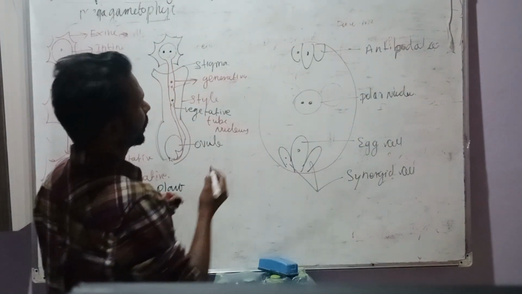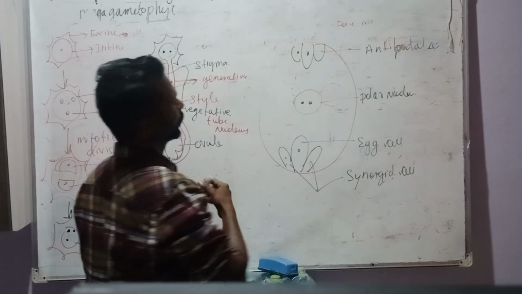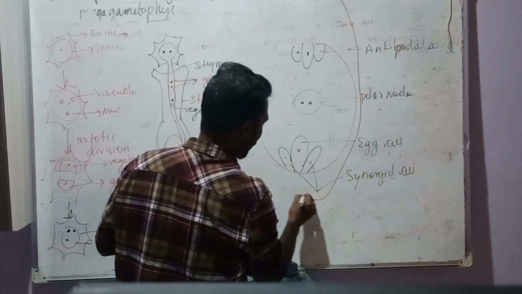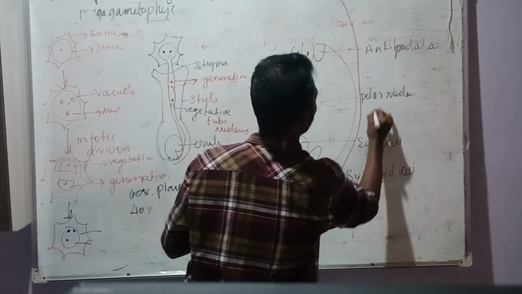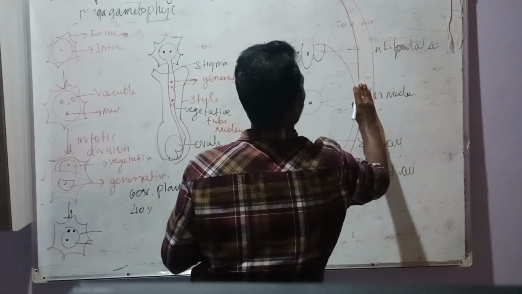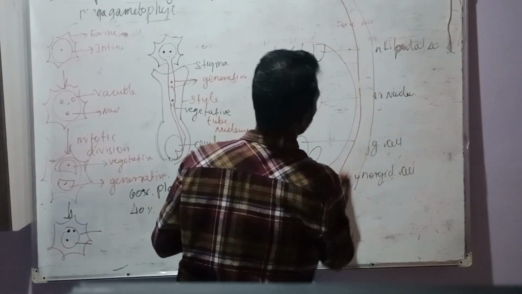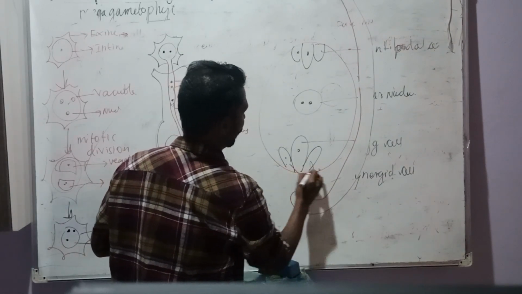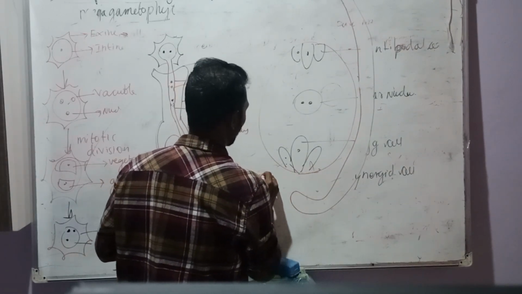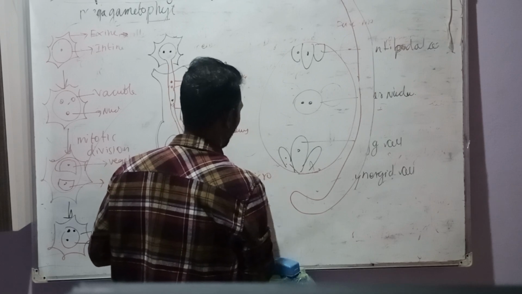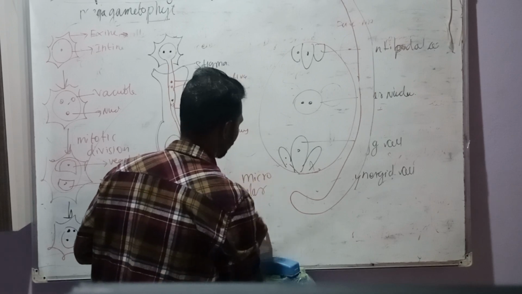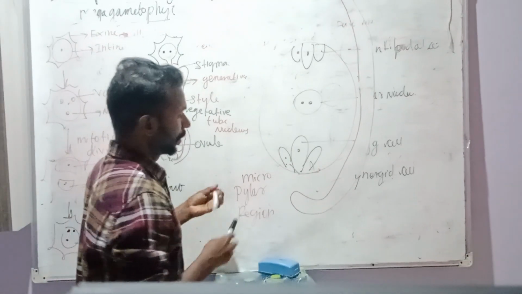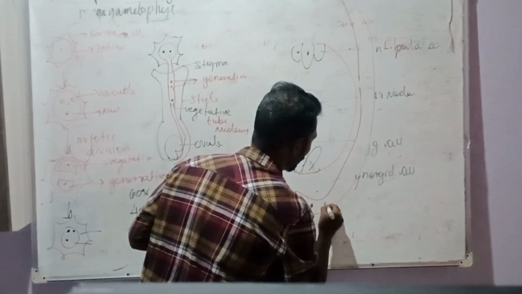So what happens? The pollen tube has to come towards the micropylar region, carrying two male gametes.